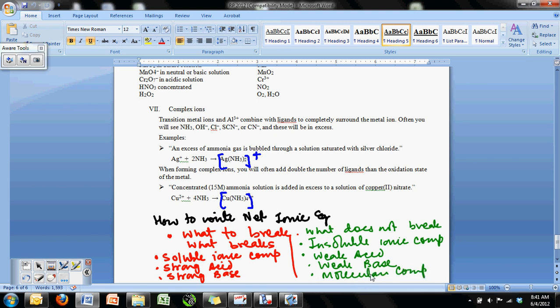Remember, how did we identify a molecular compound? By the absence of a metal. So molecular compounds like Cl2, N2O5, any of these will not break. What else does not dissociate is pure water, and you can see why. It's a molecular compound. So this is very, very important to remember.